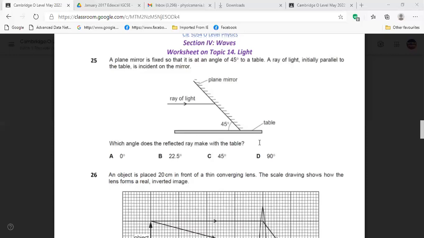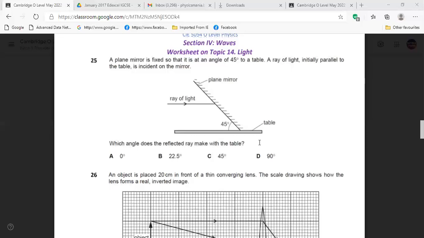And then you are saying D. Can you explain how? The ray of light is hitting the plane mirror. So when it's reflected back, it will hit the table at 90 degrees.